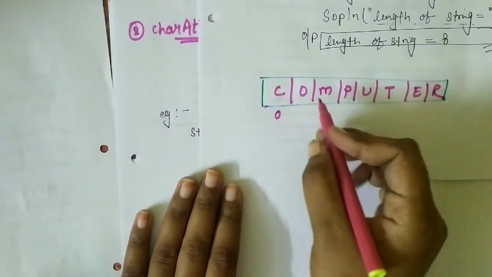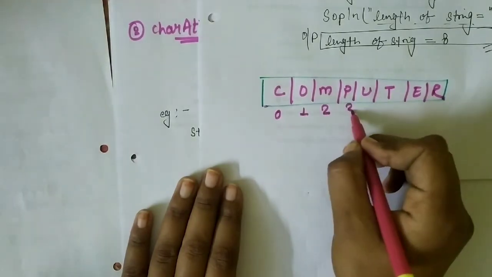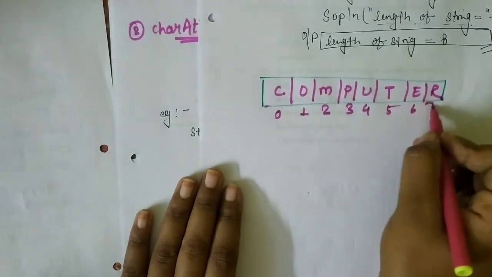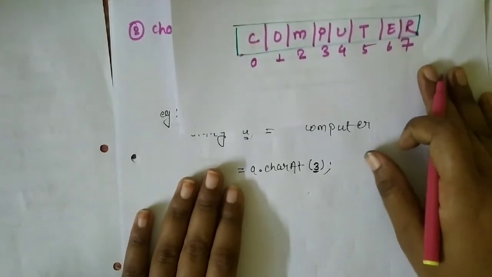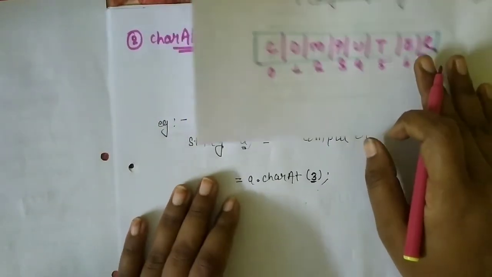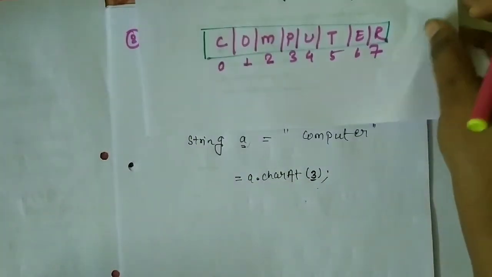The position of C is 0, then 1, 2, 3, 4, 5, 6 and 7. This is the position of the string computer.